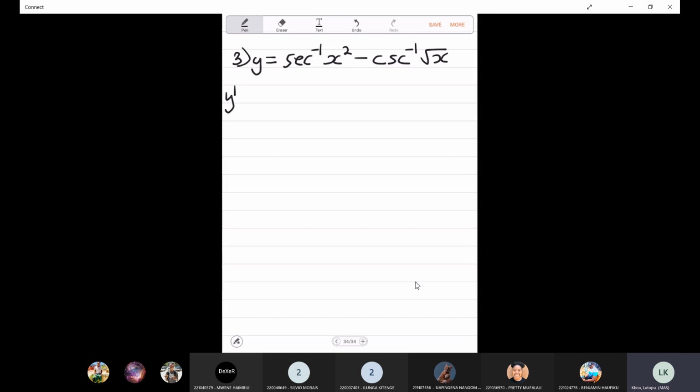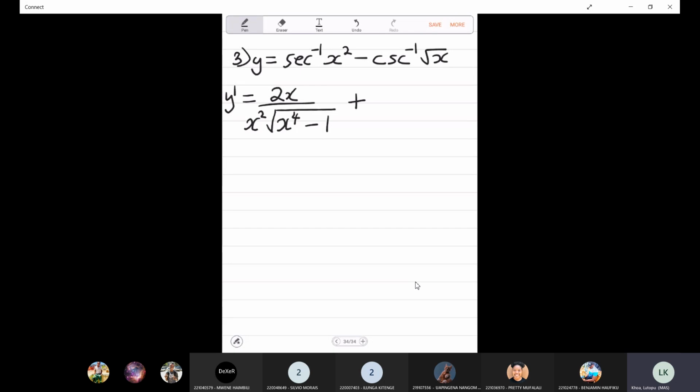Our y prime, in the numerator, you have the derivative of x squared, which is 2x. And then in the denominator, you have your f of x, and then the square root of your f of x squared. So that's x squared squared, which is x to the power of 4, and then you subtract 1. Then we subtract the derivative of cosec, which is negative, so negative times this negative will become positive.